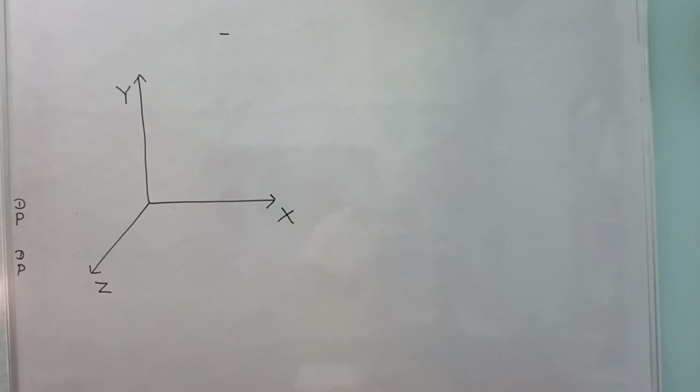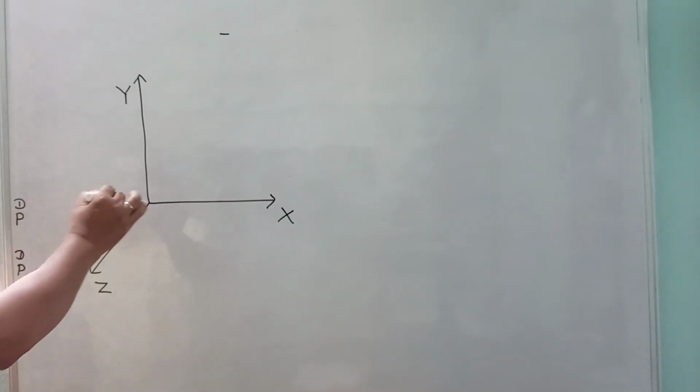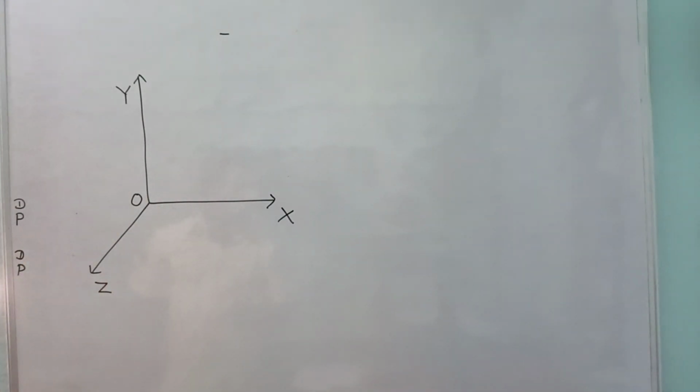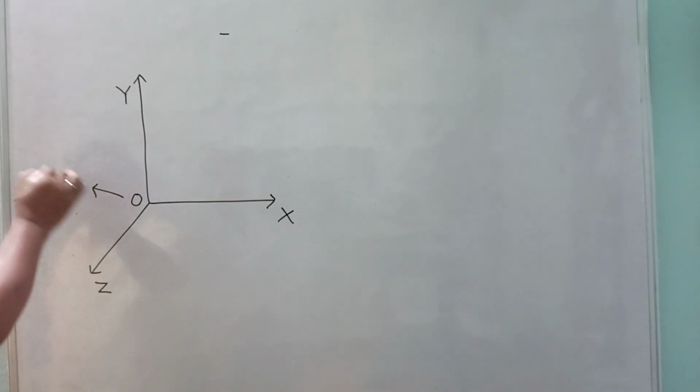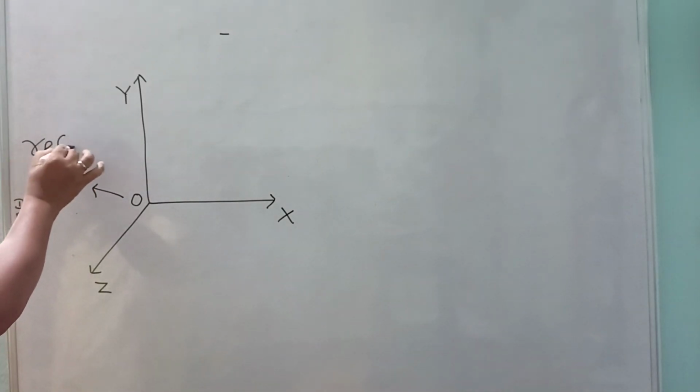Angle between YZ is 90 degree. Angle between XZ is 90 degree. So these are your rectangular axes. This is the origin. O is the origin. I mean the intersection of 3 axes is known as origin. This is also taken as reference point.